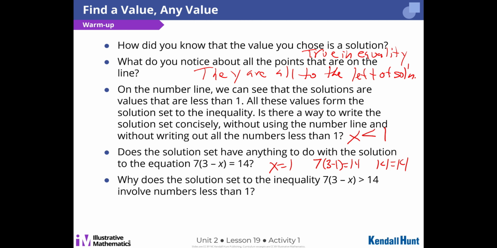And why does the solution to the inequality 7(3 - x) greater than 14 involve numbers less than 1? If we use numbers larger than 1, we get a false inequality.